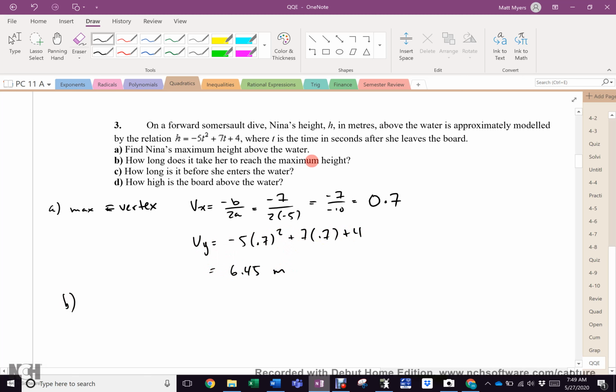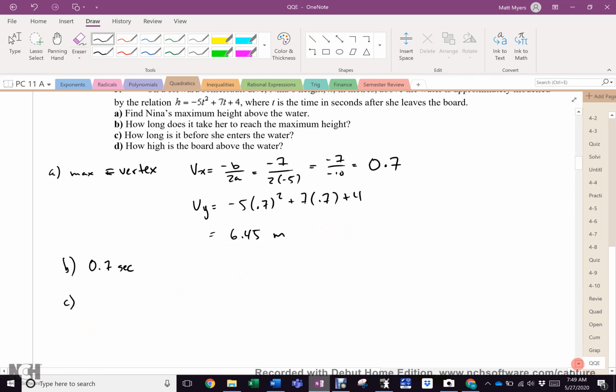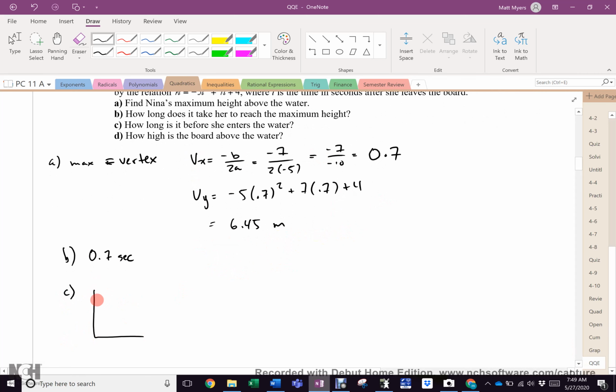B, how long does it take her to reach the height? We already know that. 0.7 seconds. C, when does she hit the water? So, think of the graph. It must look like this. Off the diving board into the water. I only need that root, because if I go this way, beyond 0, she can't hit the water at a negative time. So h equals negative 5t squared plus 7t plus 4.